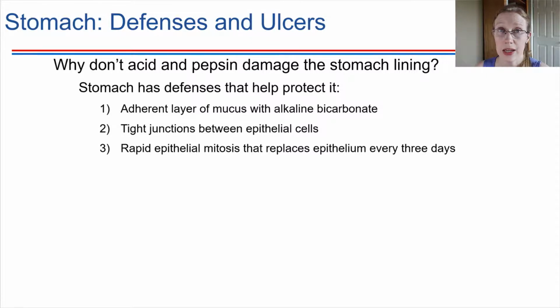So that's very important. And then the other thing that takes place is that the epithelial cells get replaced approximately every 3 days. So these cells undergo high rates of division. Mitosis is happening frequently, and so that helps to replace any cells that might be starting to be damaged due to exposure to acid and pepsin.